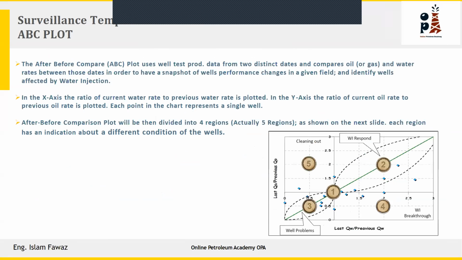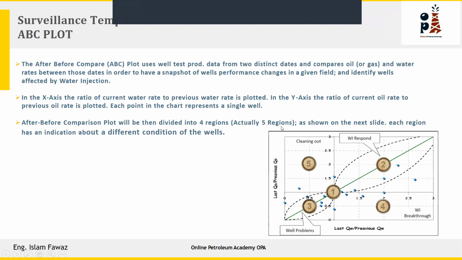The ABC plot is very important, and we will perform it at field level, using the production data. As we see in the x-axis, we have the last Q water divided by the previous Q water. You can use the last Q water by 6 months or 1 year, but it's preferred to use 6 months.